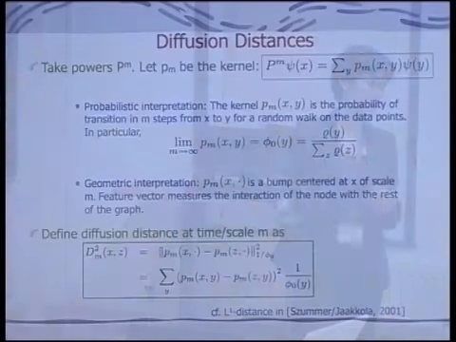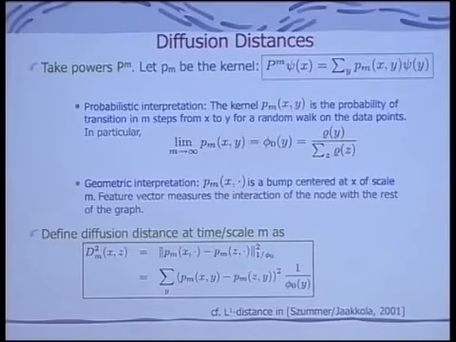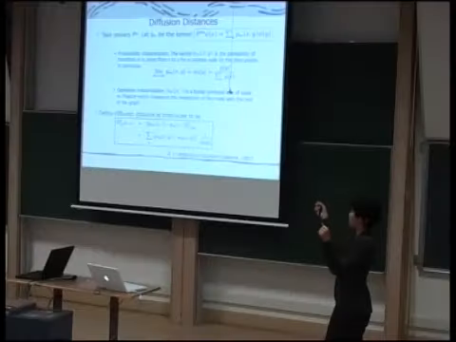You can think of that as a feature vector that measures the interaction between x and all the other nodes in the graph. When you increase the power m, you're propagating this short-time or local influence in the graph. Geometrically, you can think of the conditional probability as a bump centered at x with a certain width that depends on m.